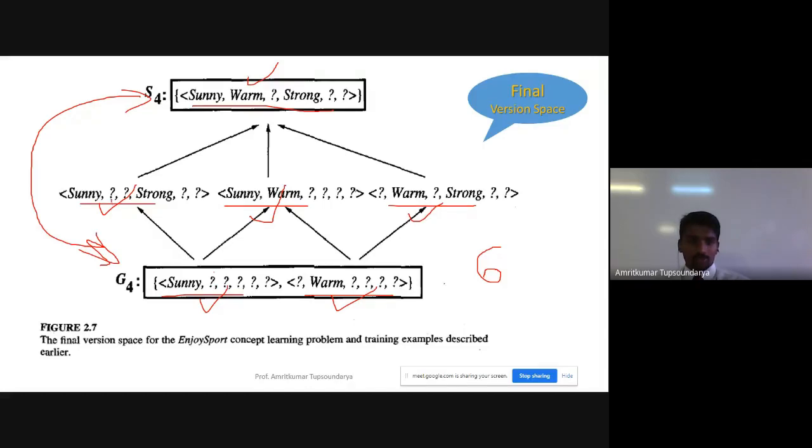So we create a question mark here, and so on. Like strong, we have strong here, and so on. So we have three new sets of hypotheses generated, so a total of six hypotheses. This is one, two, three, four, five, and this is six. So we have a total of six hypotheses from all the sets of hypotheses as the output of the candidate elimination algorithm, which is our version space. Right? So this will be our final version space.